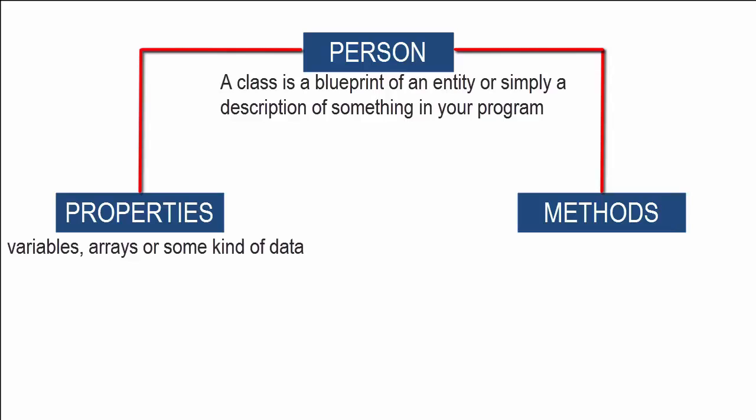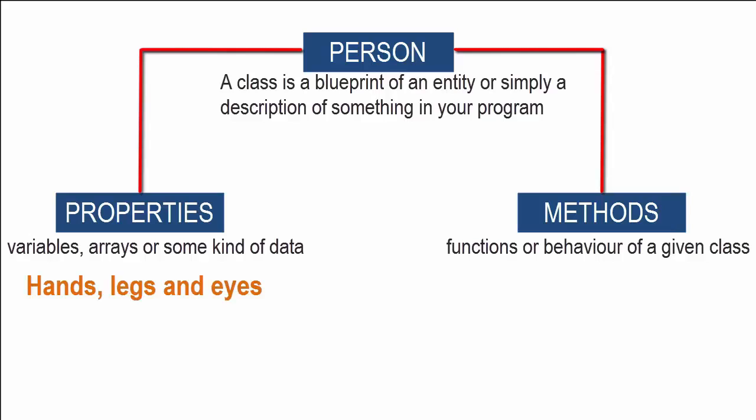Properties are like variables, arrays, or some kind of data, while methods are functions or behaviors of a given class. So, considering our person class example, the properties are like the hands, legs, and eyes of the person class. Then, the methods are like seeing, walking, and talking, which are actions of the person class.